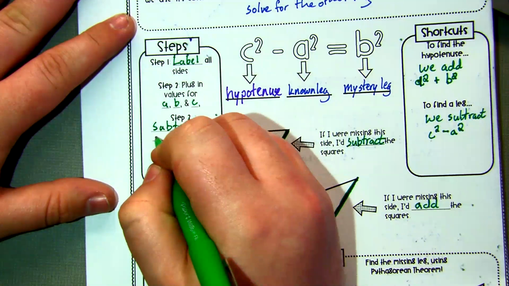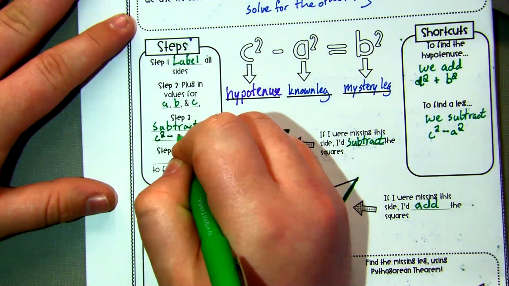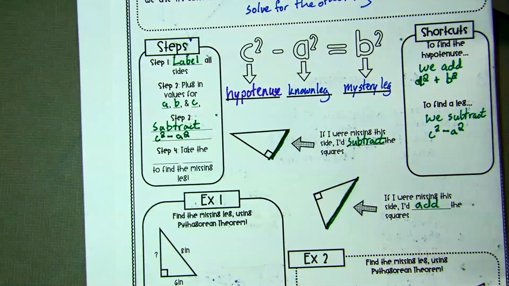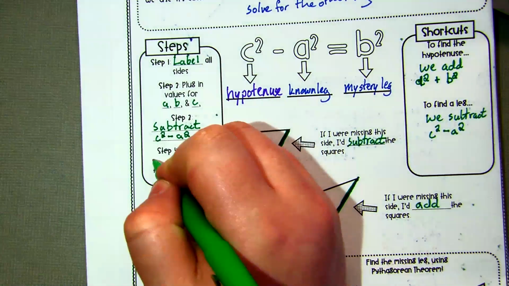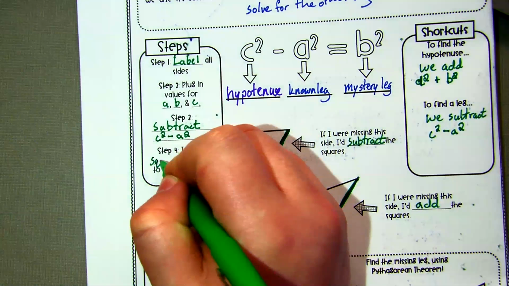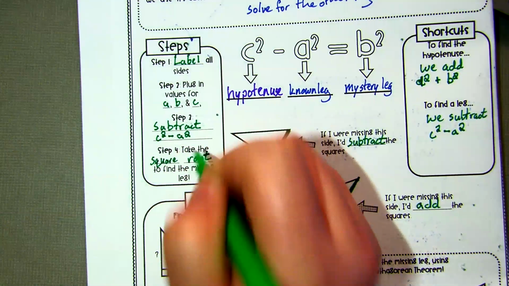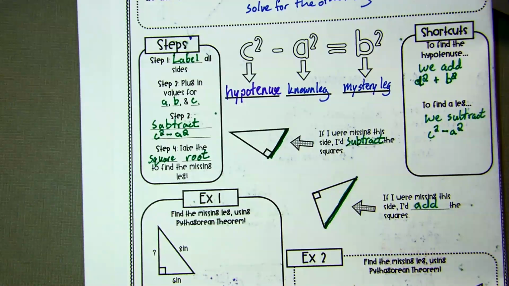We're going to subtract C squared minus A squared. And for step 4, we take the square root to find the missing leg. Really close to what we did on the last one, but just tiny little differences.